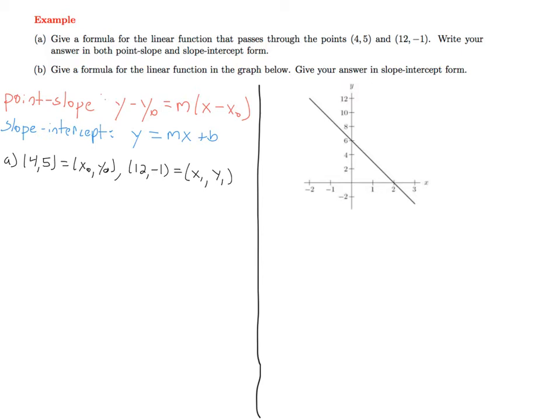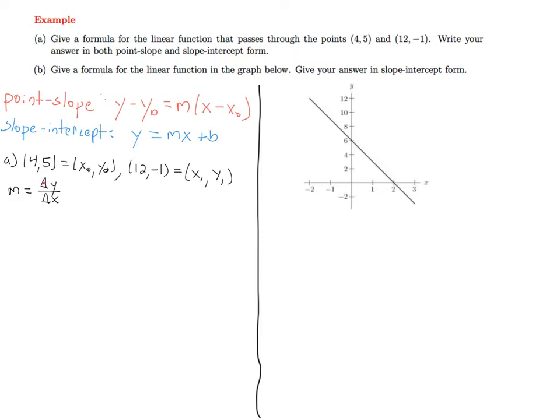So in either case, we're going to need the slope of this line, and it's going to be the same whichever form we write it in. So the slope is equal to the change in y over the change in x. Okay, so we want to be careful that we set up the difference in y values on top and the difference in x values on the bottom.